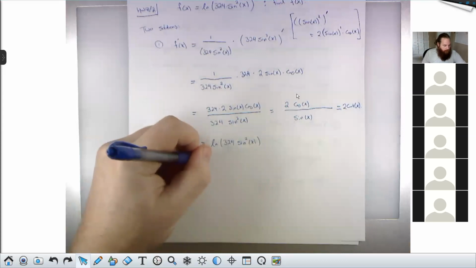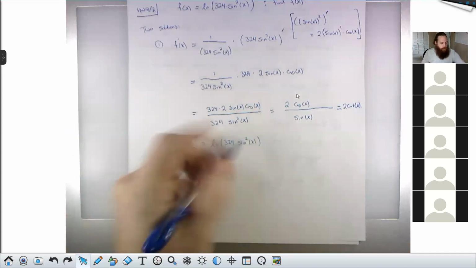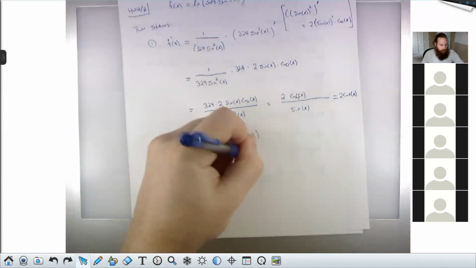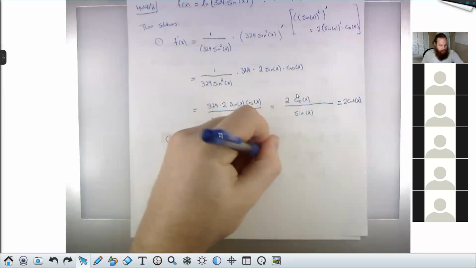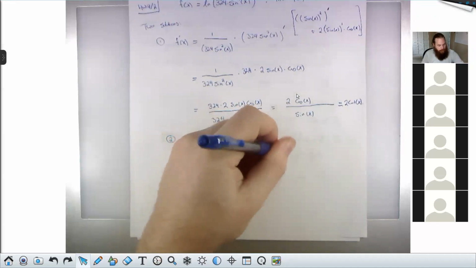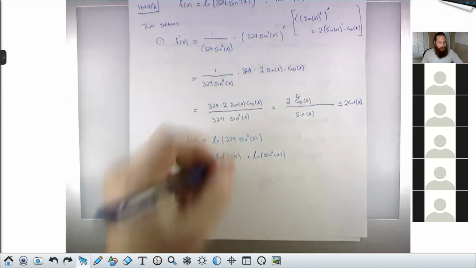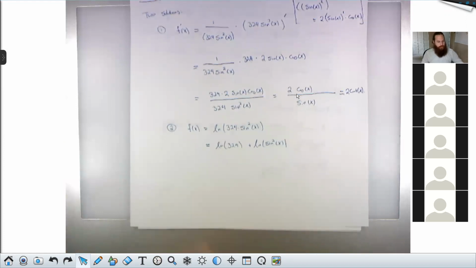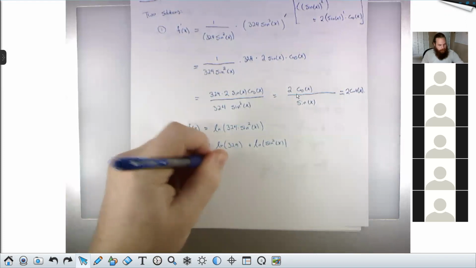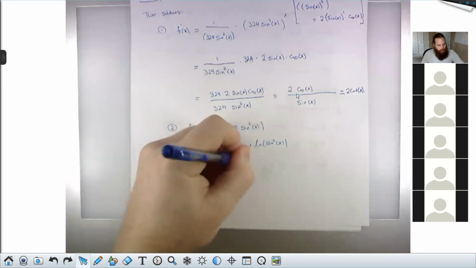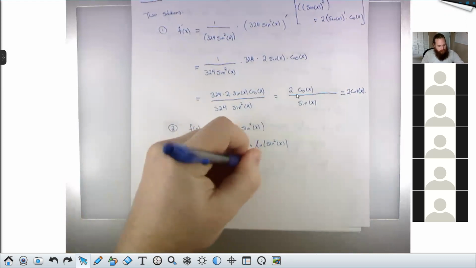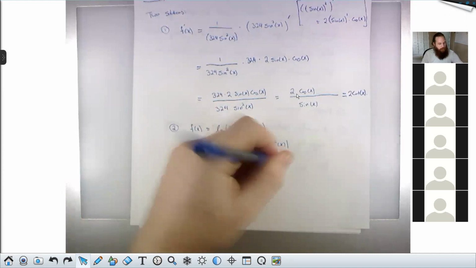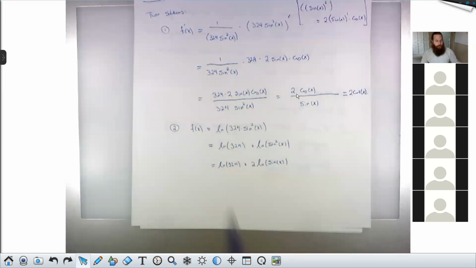So here's the other option. You use the rules for the natural log to split this up before you differentiate. So remember, multiplication inside the log is the same as addition outside the log. And a power inside the log is the same as a multiple outside the log. And this is actually much easier to differentiate.